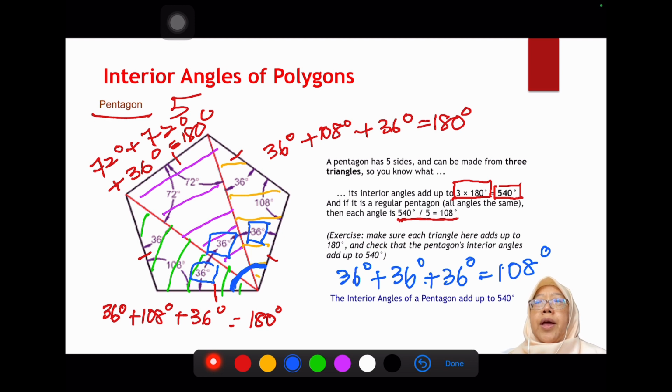It is 108. This is 108, this will be 108, this will be 108, this is also 108. So always remember, for the pentagon, the total will add up to 540 degrees.